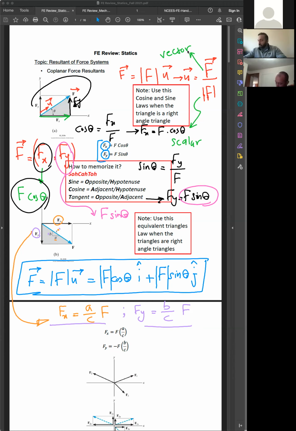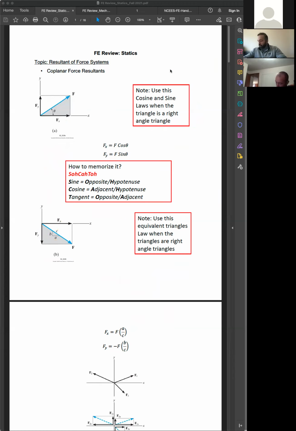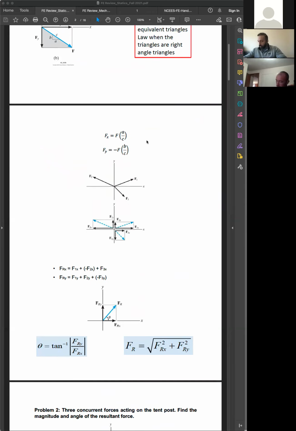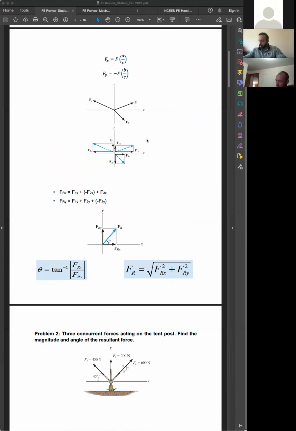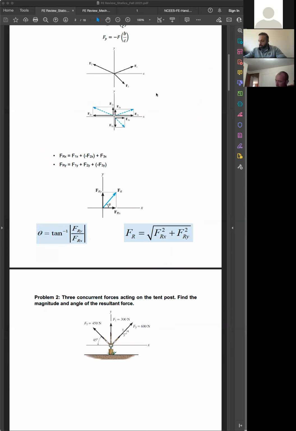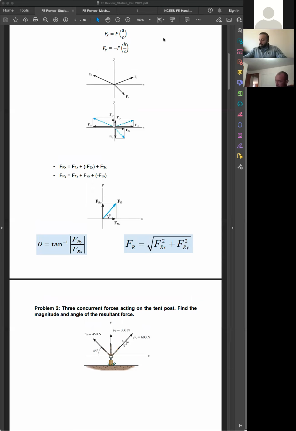All right. So let me erase here and continue down here. On this part, we want to look at the system of forces.